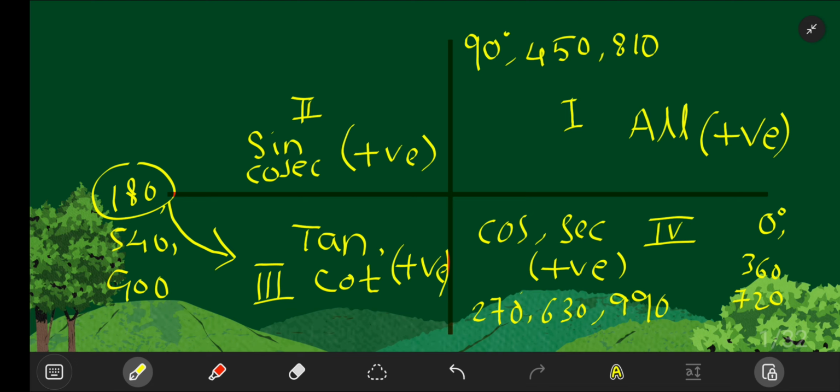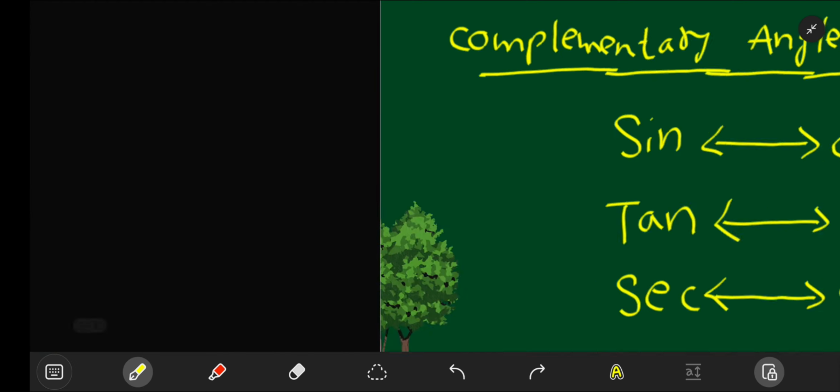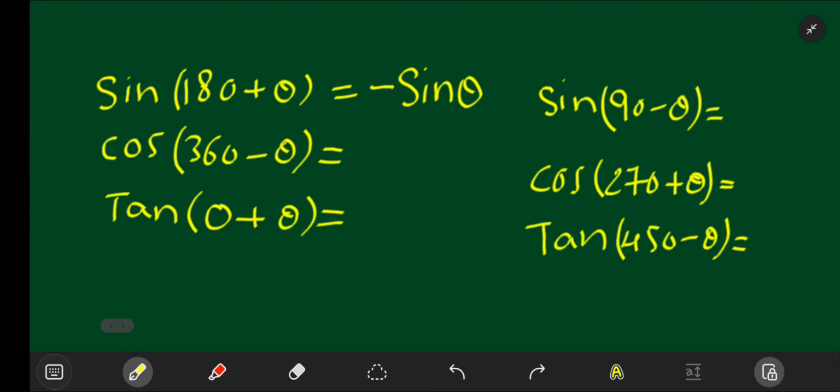In third quadrant, tan theta and cot theta are positive. Remaining all trigonometric functions are negative. So sine is negative in third quadrant. That's why here it is minus sine theta.